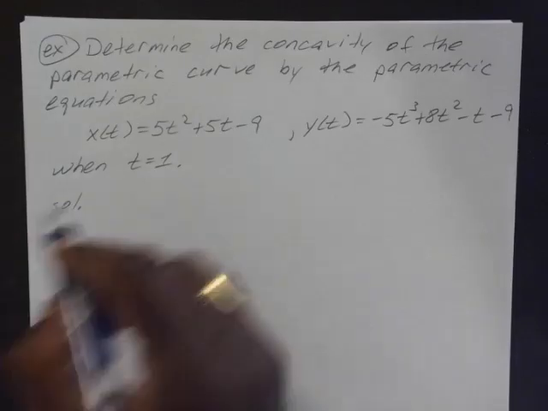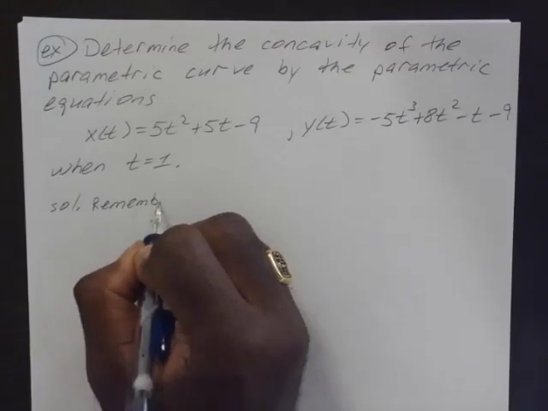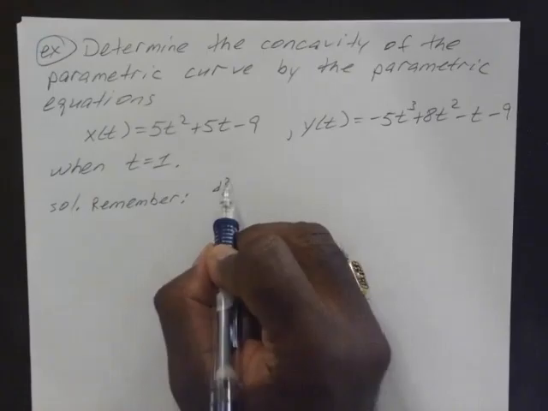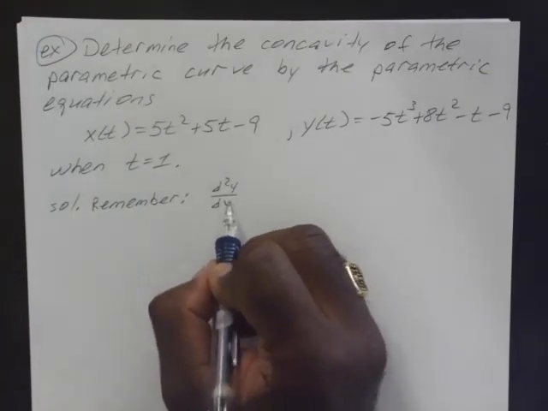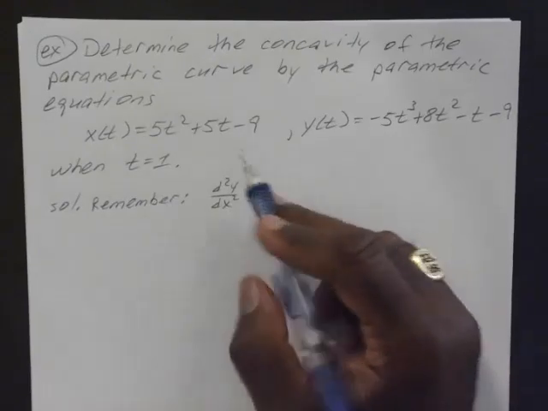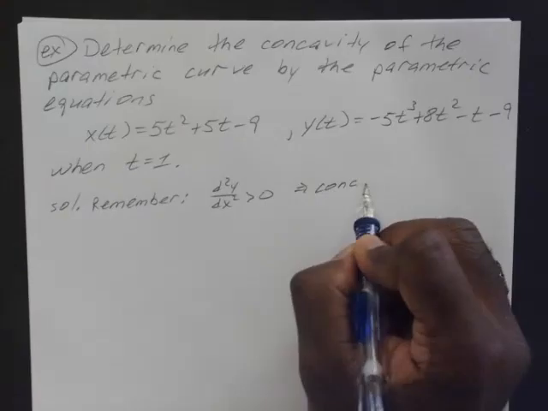Okay. So for this one, you want to remember that when the second derivative is positive at some point c, we know it's concave up.